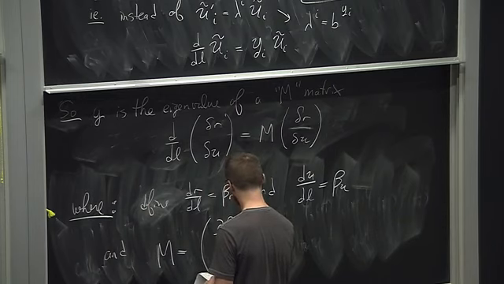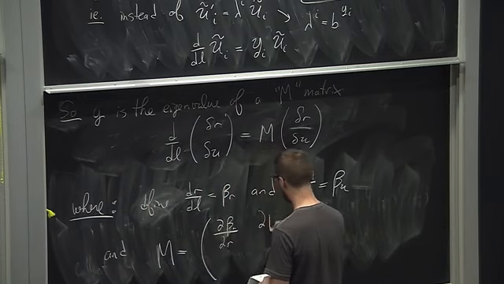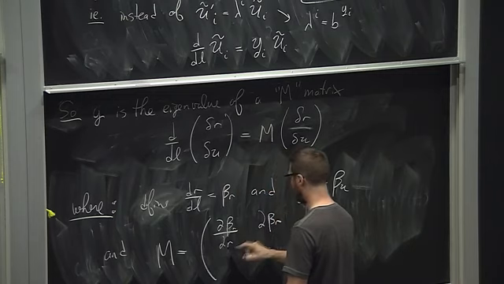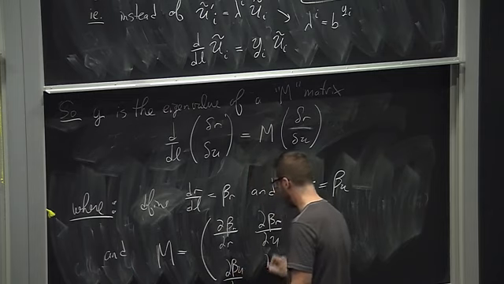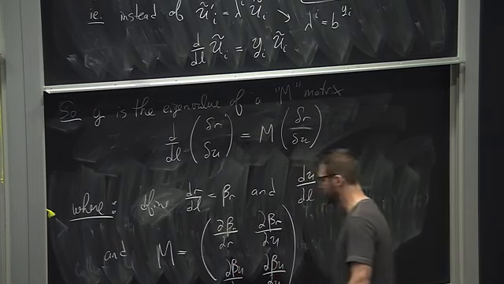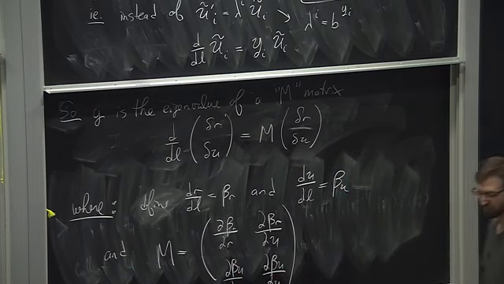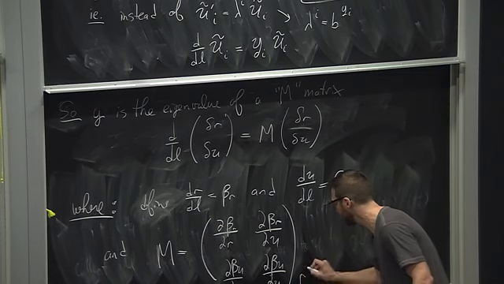So it's R, U, U, R, evaluated at the fixed point.